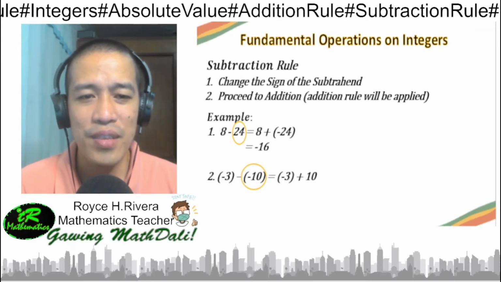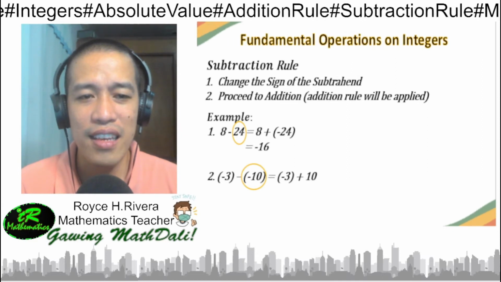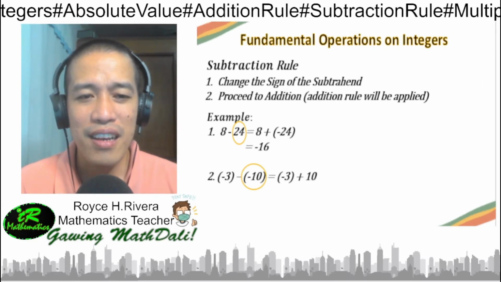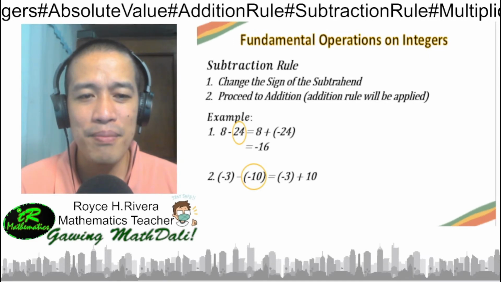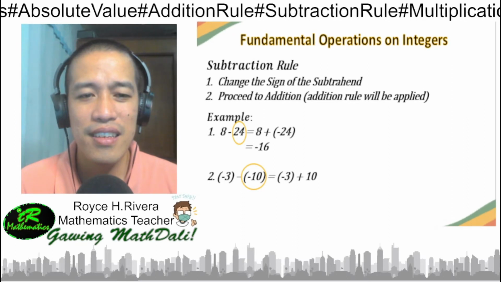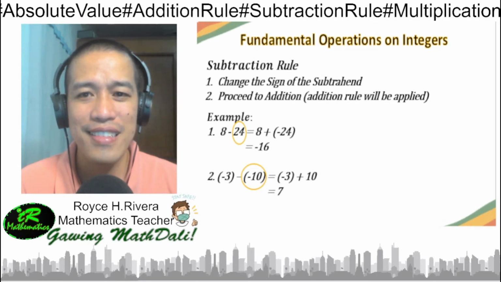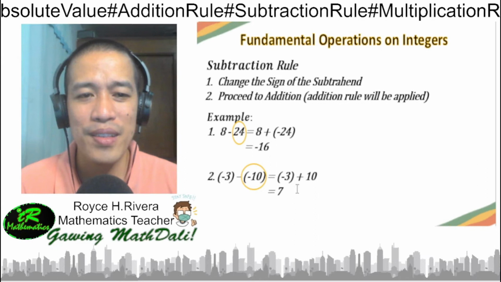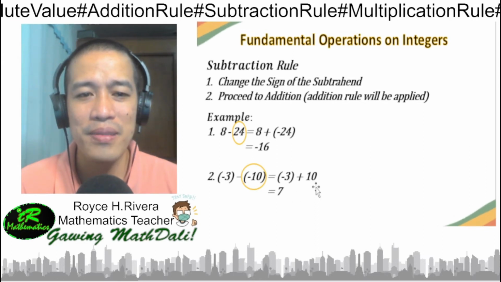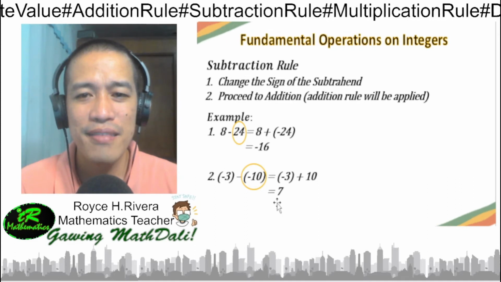So again, we are adding integers of unlike signs. Subtract the numbers and copy the sign of the larger valued number. Our answer is 7. 10 minus 3, 7. 10 is the larger valued number. Positive 7.